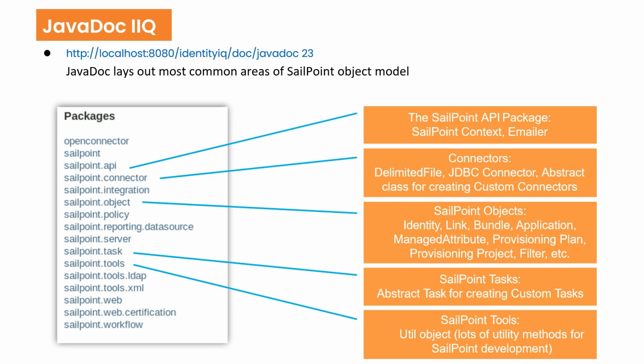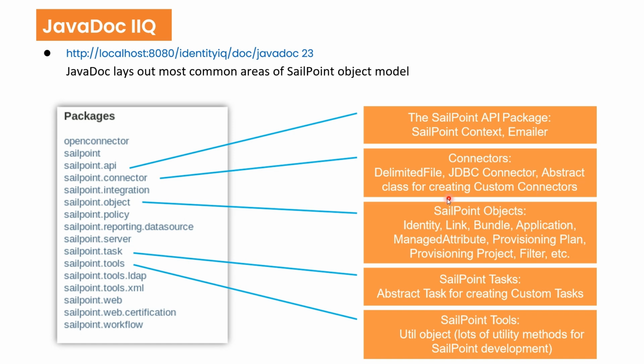In this particular location, you would see a lot of packages and libraries, guys. You see our open connector package, we have the SailPoint package, SailPoint API. SailPoint API consists of context, emailer, and then the connector package. The connector package consists of delimited, JDBC, abstract connector classes, custom connector.